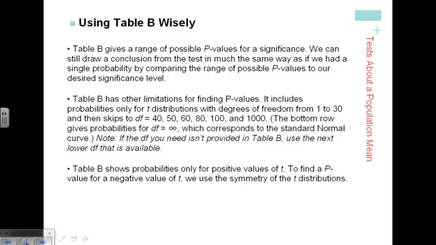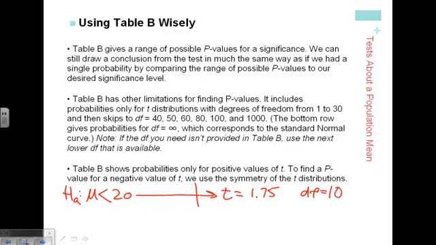Sometimes we get negative t values. So for example, our alternate hypothesis might be in some circumstances mu is less than 20. And then when we go over to step 3, we might get that t is equal to negative 1.75 with, let's say, 10 degrees of freedom.